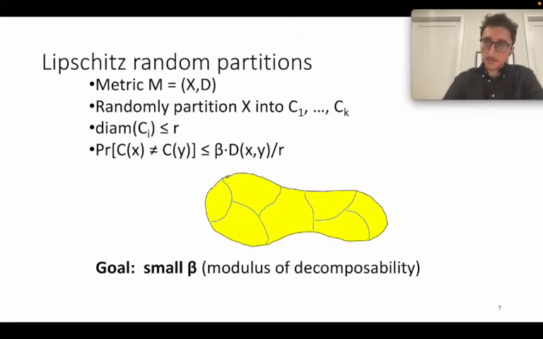And moreover, for any pair of points, the probability that they are separated is at most linear in the distance divided by r, with a multiplicative factor beta which quantifies how good the partition is. The smaller this parameter beta, which is called the modulus of decomposability, the better the partition, and consequently, the better the approximation factor that you get if you use this method to round LP relaxations.